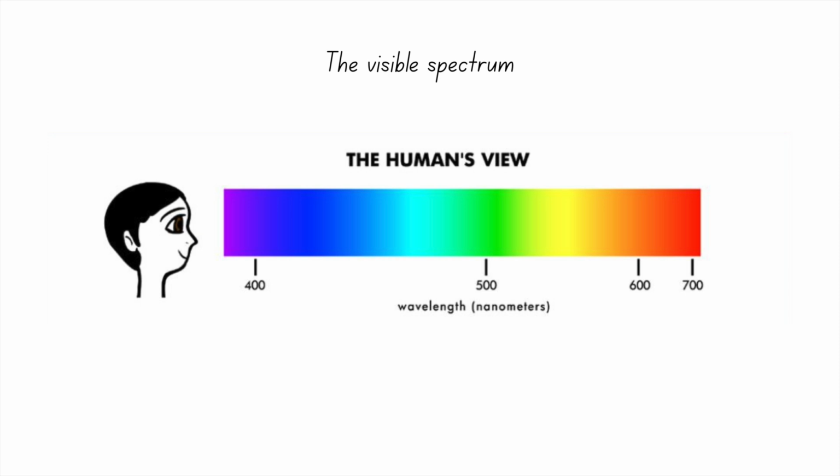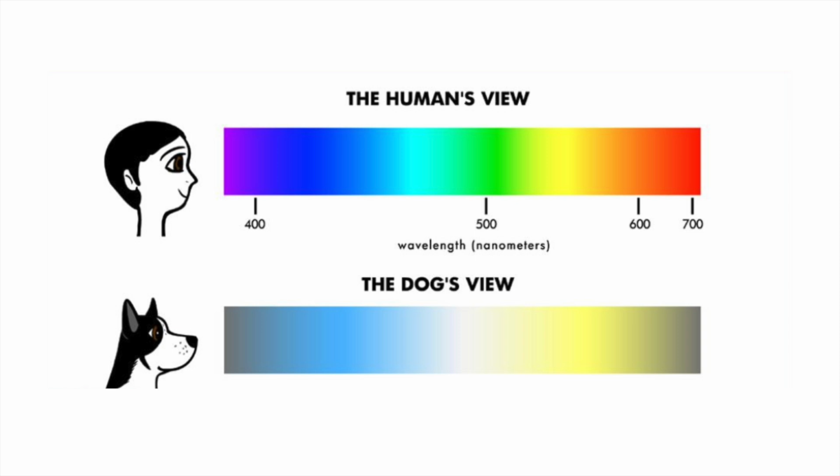Do animals see color like us? Not at all. Different animals perceive color in totally different ways. For example, dogs see a limited range of colors. They mostly see shades of blue and yellow. But reds and greens? Not so much. Bees can see ultraviolet light, which is invisible to us.